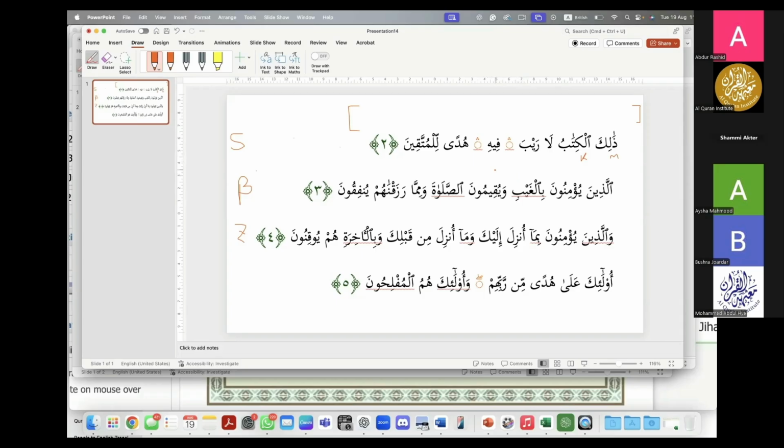So it is a compound khabar. Where does the khabar finish? It's up to muttaqina, everything. Okay, that's fine. So according to you, it's one whole Jumlatul Ismiya, you got this Mubtada, and the rest is khabar. Yes, compound khabar.